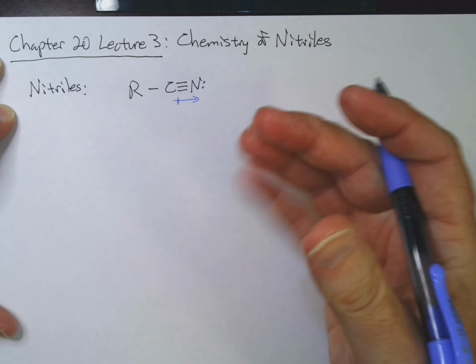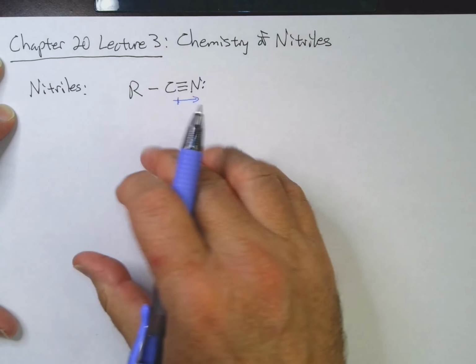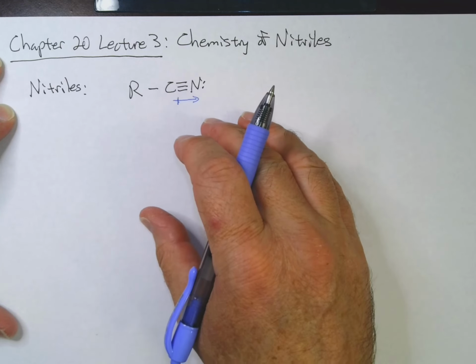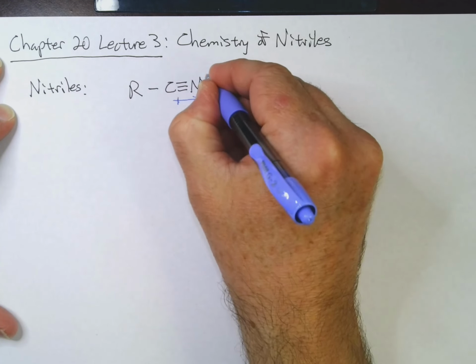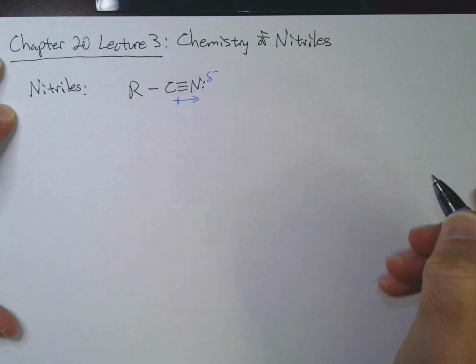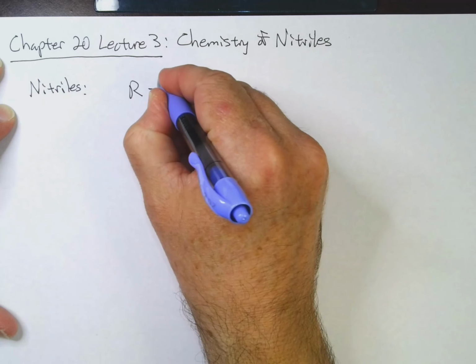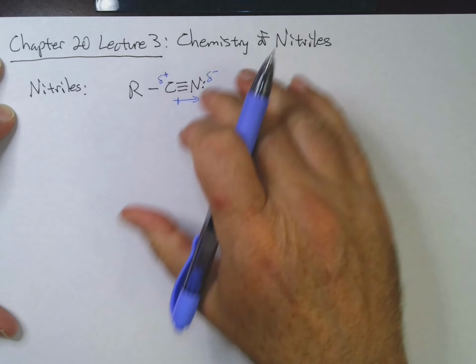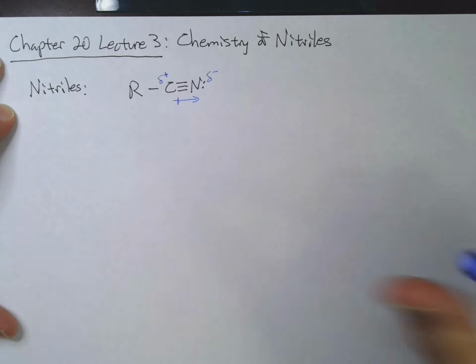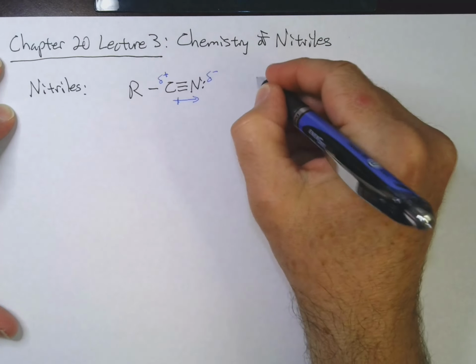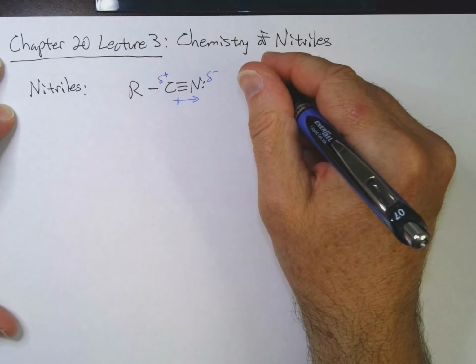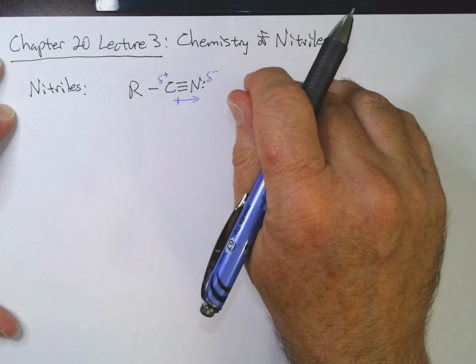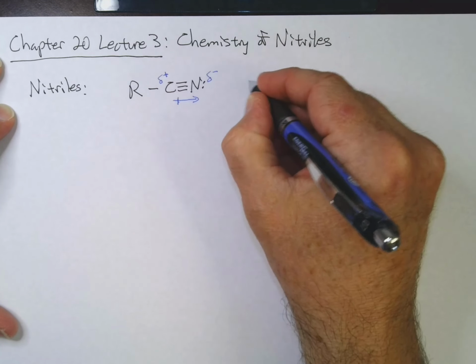Just like a C double bond O is very polar, C triple bond N is also polar. And so we end up with a partial negative charge at the nitrogen and a partial positive charge at the carbon. So that's going to affect how these nitriles react. And like I said in the last video, we do consider nitriles to be a type of carboxylic acid derivative.